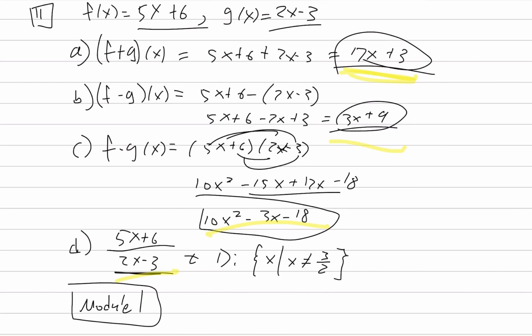Okay, then let's look at 12. It says, use the remainder theorem to find the remainder when f of x is divided by x plus 4. Then use the factor theorem to determine whether x plus 4 is a factor of f of x.